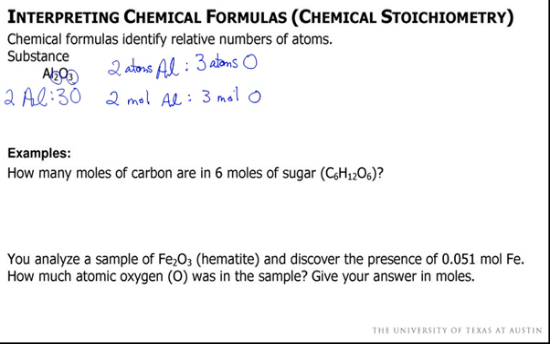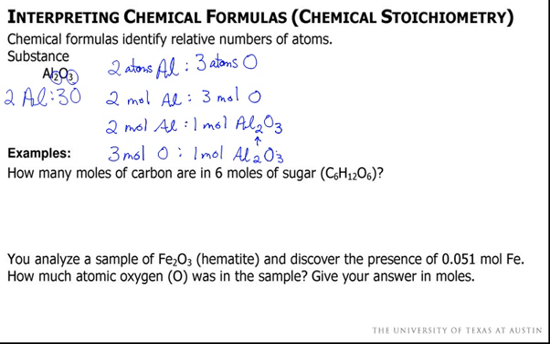I also have other ratios that I can write, such as 2 moles of aluminum to 1 mole of the whole compound overall, again, using the subscript on the aluminum. Likewise, I can say I have 3 moles of monatomic oxygen for every 1 mole of my substance, Al2O3.